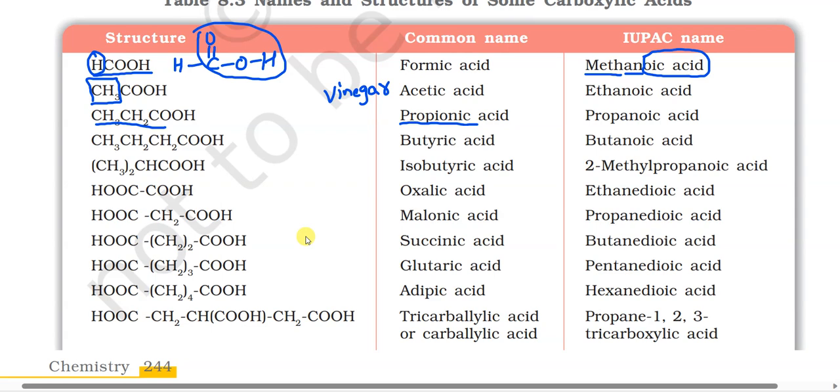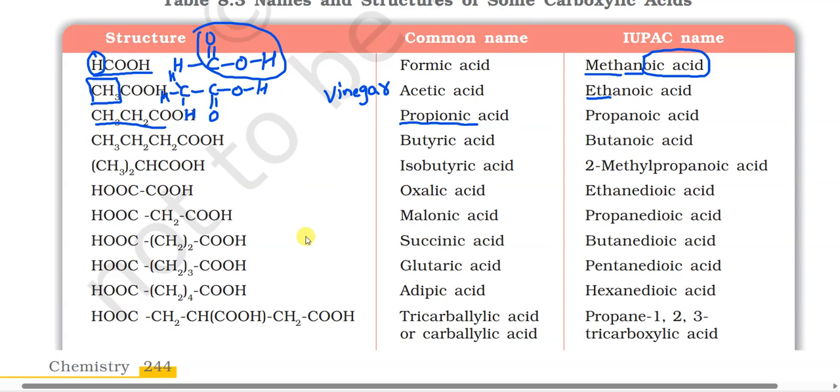Next, if 2 carbons are there, we use the root word eth. In place of H, one carbon with COOH, and on this carbon 3 hydrogens. Between these 2 carbons there is a single bond. Don't consider the multiple bond between oxygen and carbon; we have to see whether between the carbons we have single or double bonds.